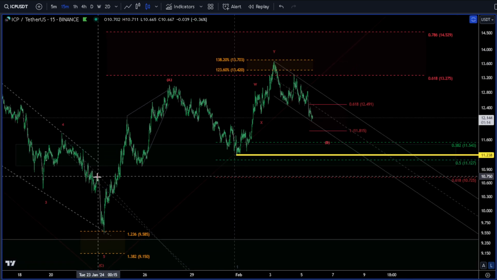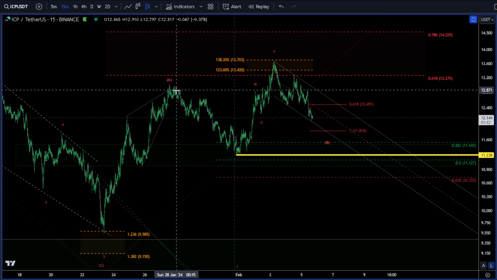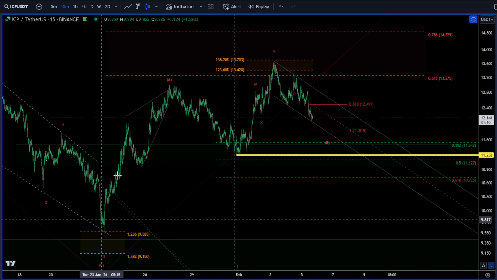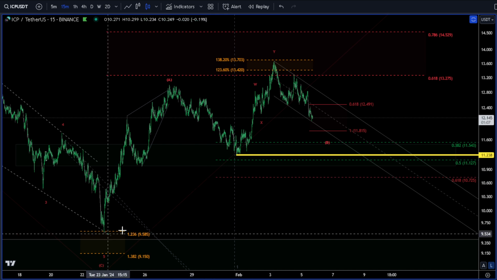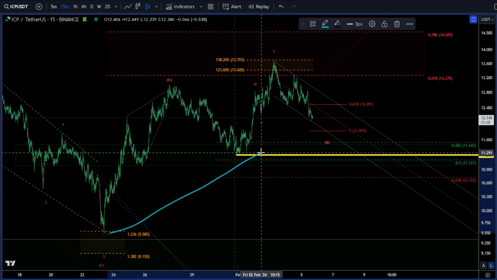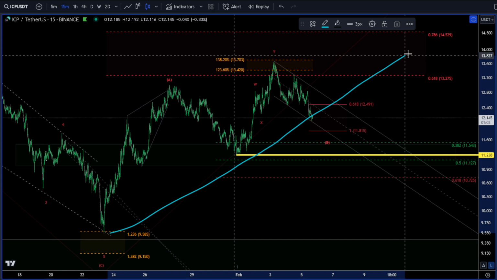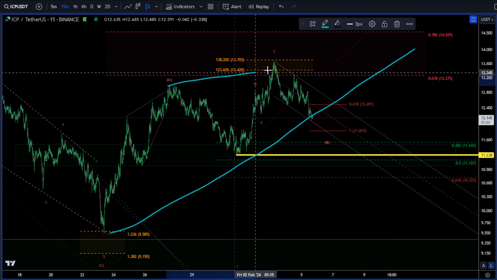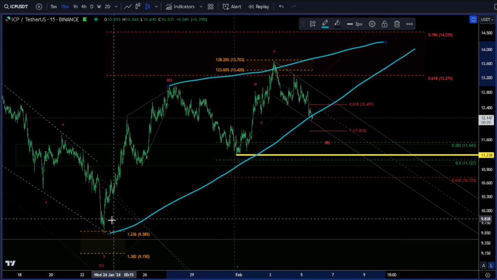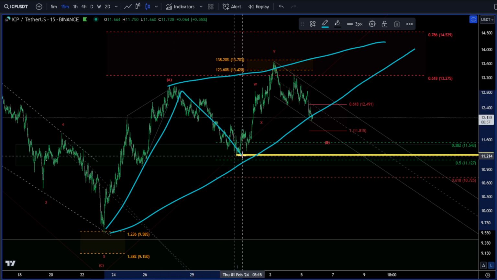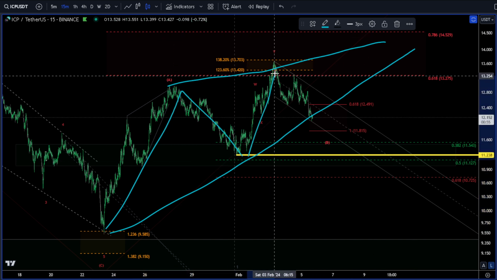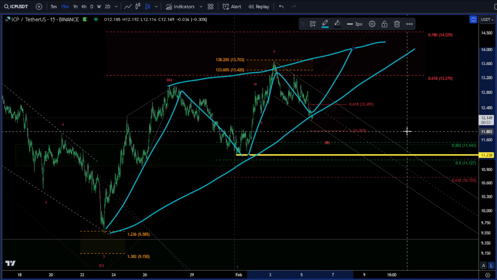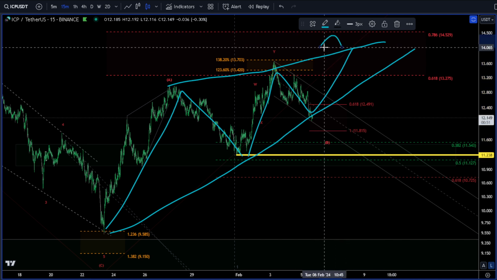One more thing I'm looking at is if this is not a diagonal and some sort of complex structure. We were talking about it on Flare. I don't think this is happening, but it is there. So just to let you know, if we don't go straight up for 5 waves, this could also be a leading diagonal for an A wave.